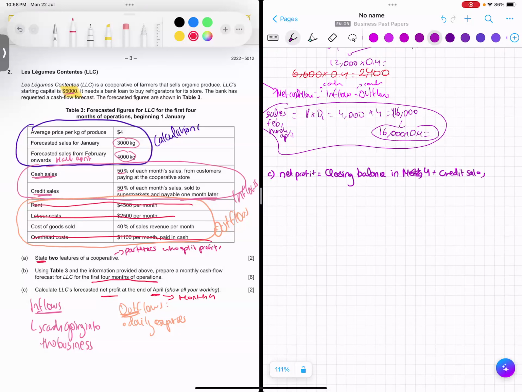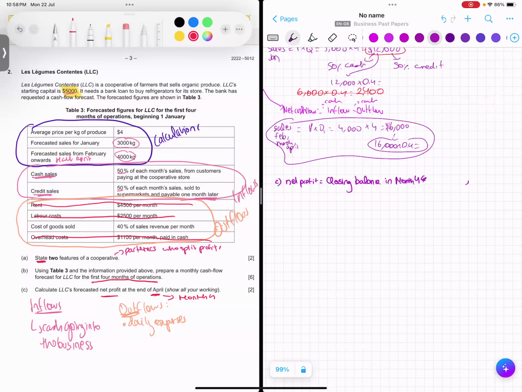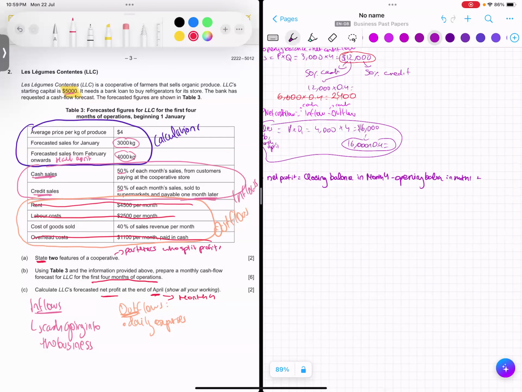Then you subtract opening balance in month 1 plus credit sales. Okay, guys, just give me a second. Plus credit sales.